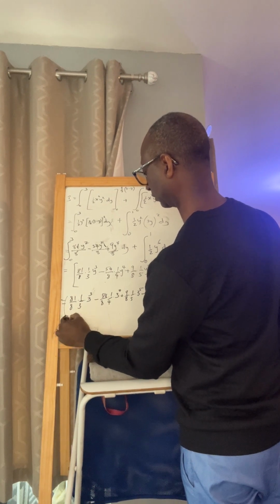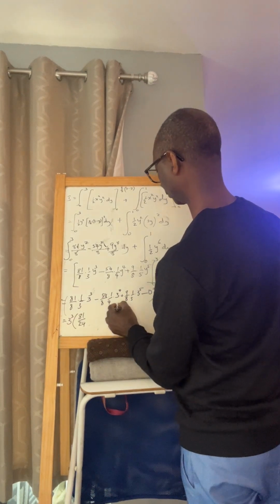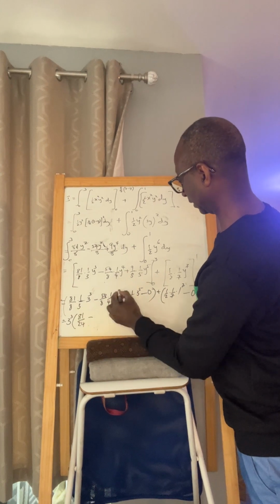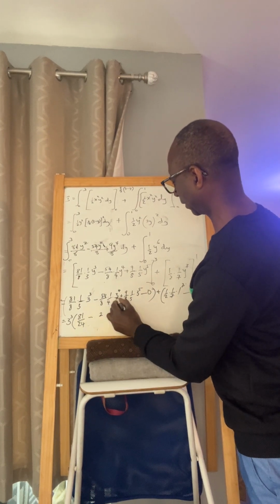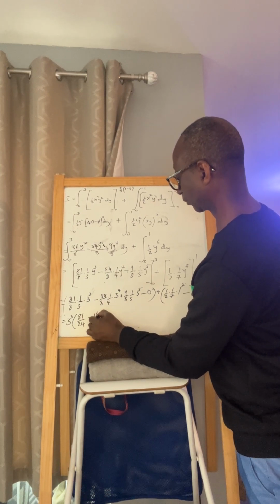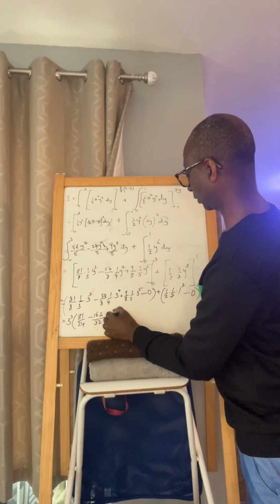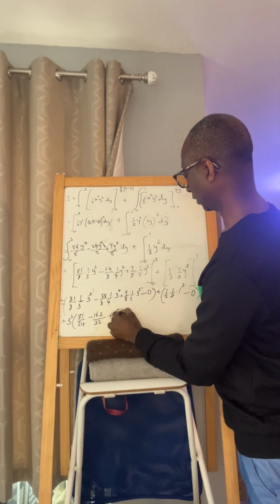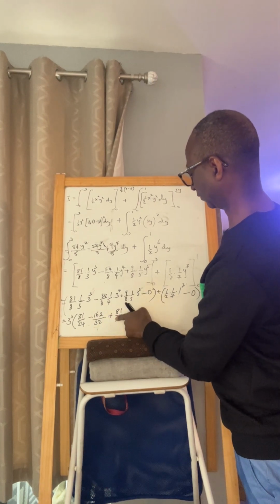This one will remain 81 all over 24, minus, since I've taken 3 cubed out, only one 3 remains at the top: 3 times 4 is 12, minus 1, 3 times 5 is 15, plus 1, 16, all over 8 times 4 is 32, plus again 9 remains here, so 9 times 9 is 81 all over 8 times 5 is 40.